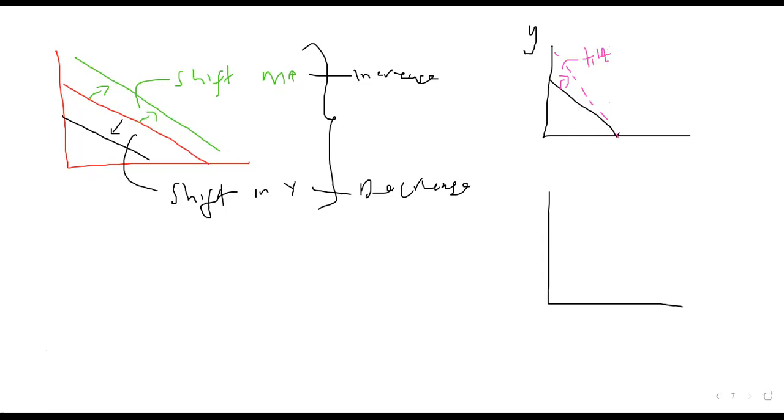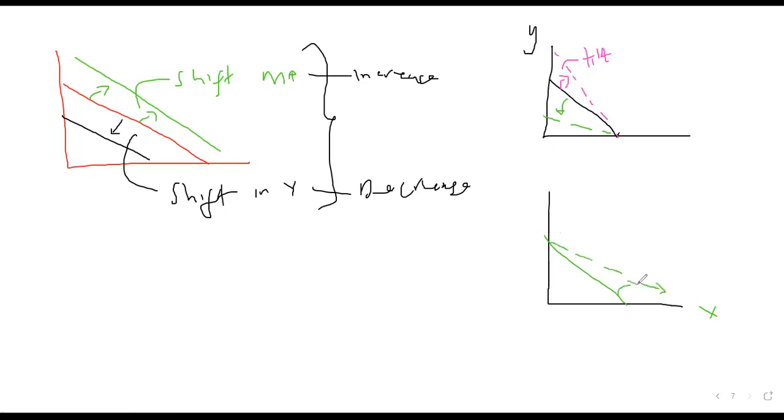However, if the price of good Y becomes expensive, it will tilt inwards here. So this is because the good Y has become expensive. Similarly, if we're dealing with good X and good X became cheaper, there'll be a tilt that will move outwards.